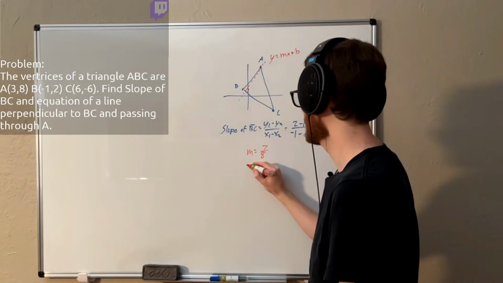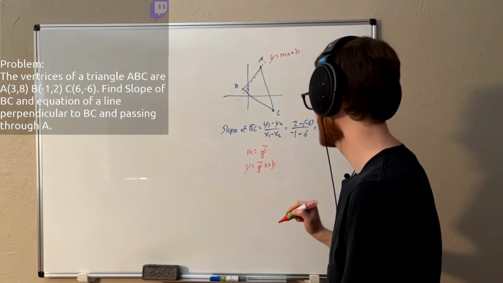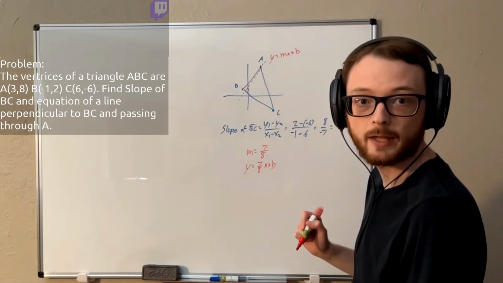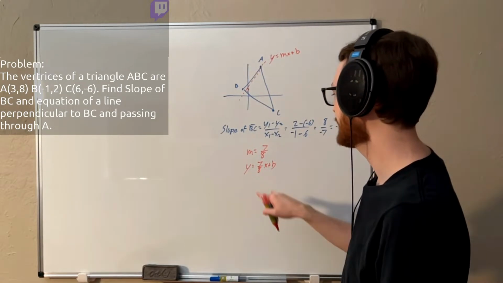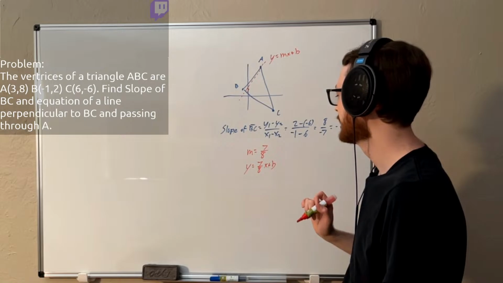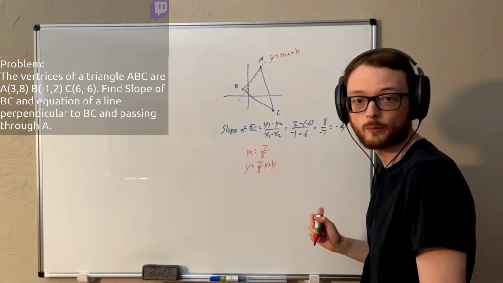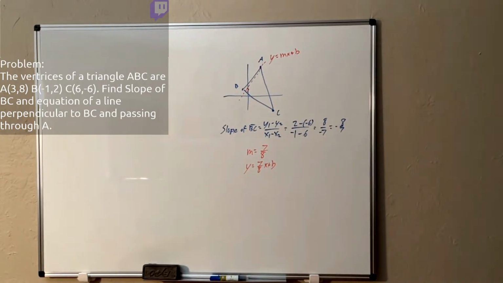So now we know y equals 7/8 x plus b. We just need to figure out what b is. We can do that by plugging in a point that the line should pass through for x and y. And we were given that it passes through the point A. So let's do that. A is 3, 8.